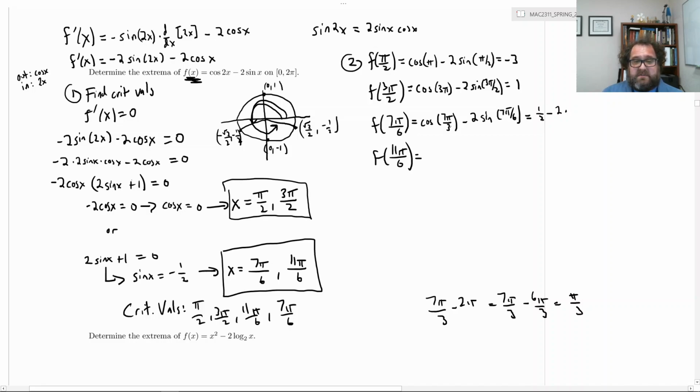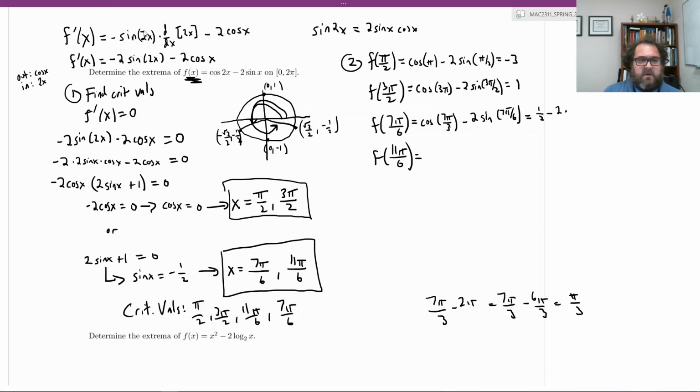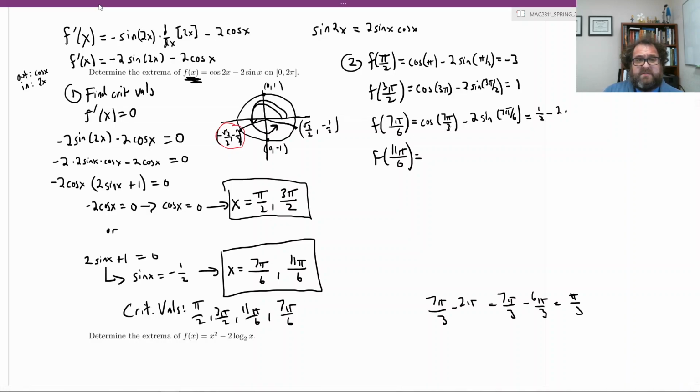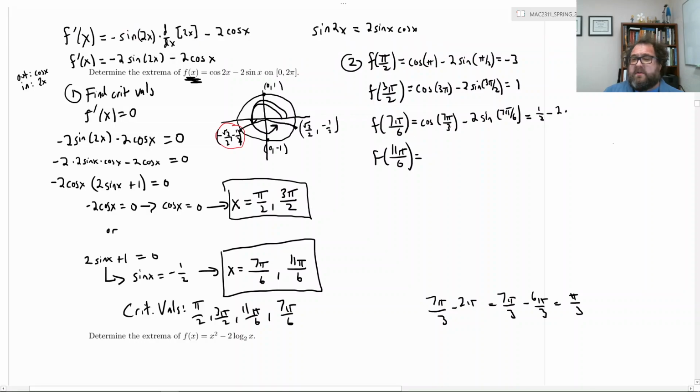That's what we were talking about just a few minutes ago. 7 pi over 6 is over here, so the sine is negative 1/2. The y value is negative 1/2. So we have negative 2 times negative 1/2, which would be positive 1.